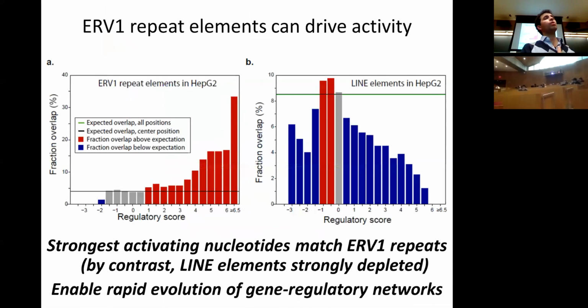So repeat elements, as you know, have invaded the genomes of many different species, catalyzed their own transcription, enhancing their own transcription by basically recruiting regulators of the target host cell. So they show up, they use motifs that are very, very strong for that host cell, recruit the machinery of that cell and then catalyze their own transcription.